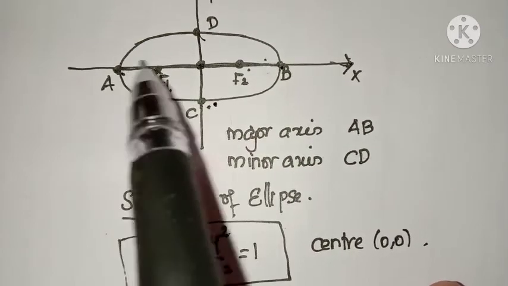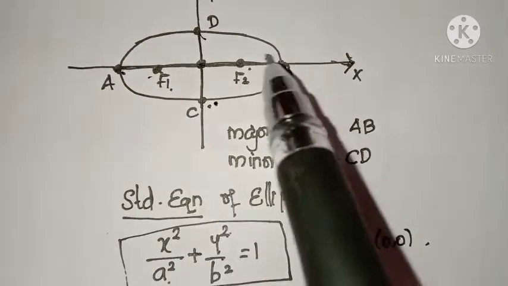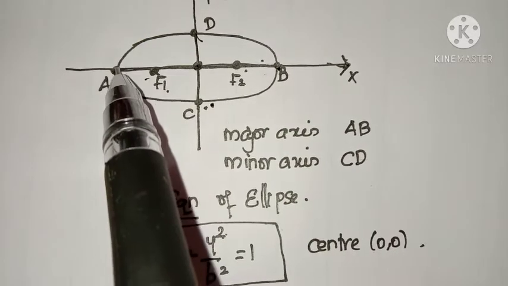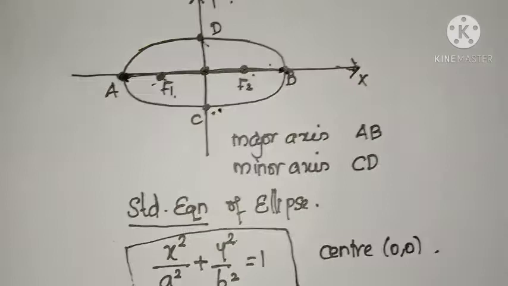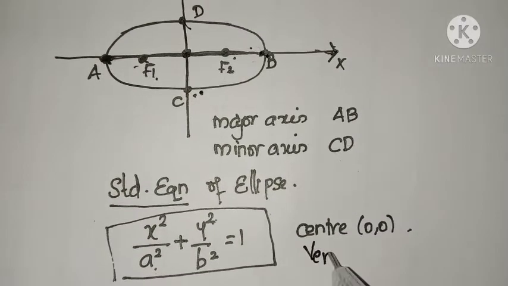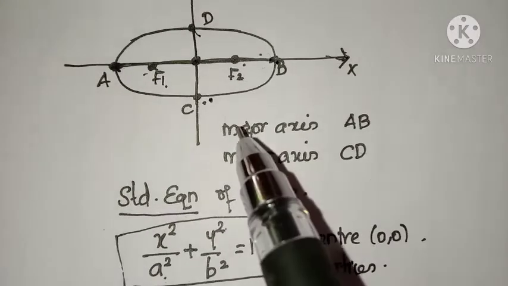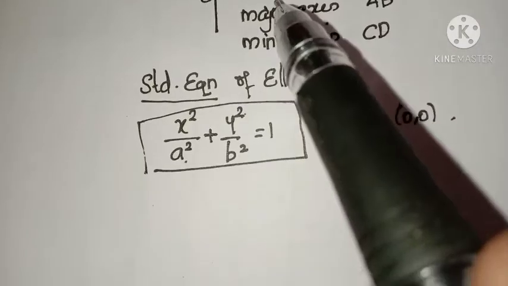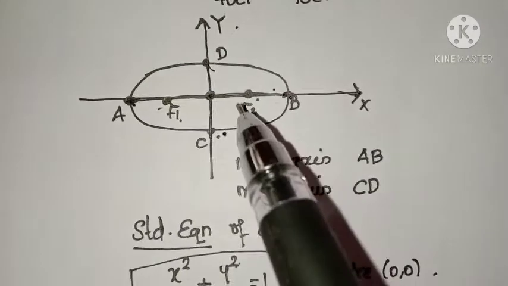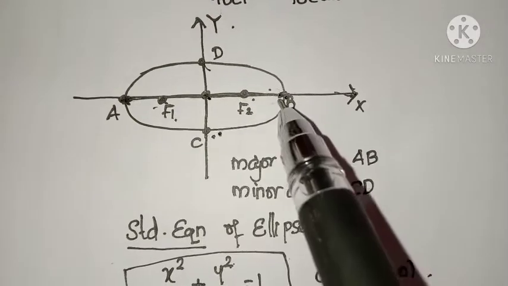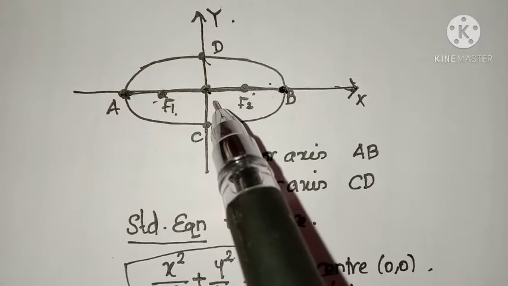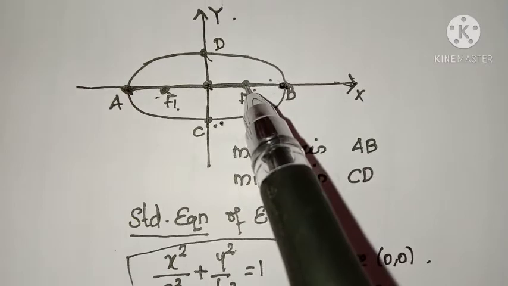And listen, the endpoints of the major axis, A and B, are called vertices. Please note down vertices. So vertices are the endpoints of the major axis. Then listen, this is the center and this is a vertex, and also this is a focus.